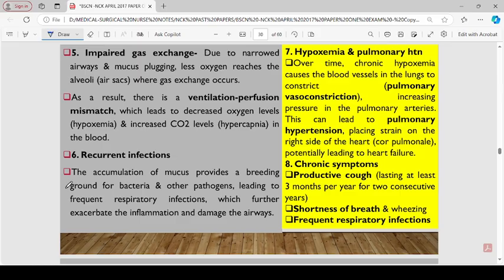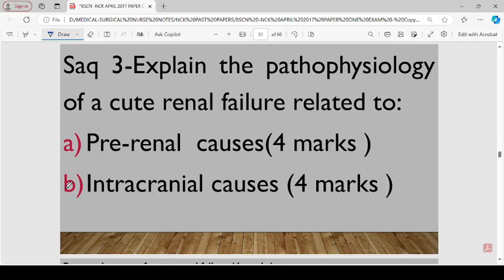This can lead to pulmonary hypertension, placing strain on the right side of the heart. That's cor pulmonale, potentially leading to heart failure. The hallmark signs of this disease are a productive cough lasting at least 3 months per year for 2 consecutive years, shortness of breath and wheezing, and frequent respiratory infections.